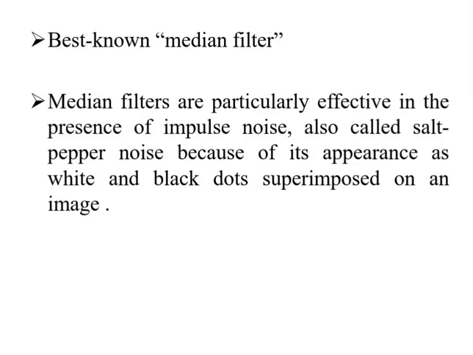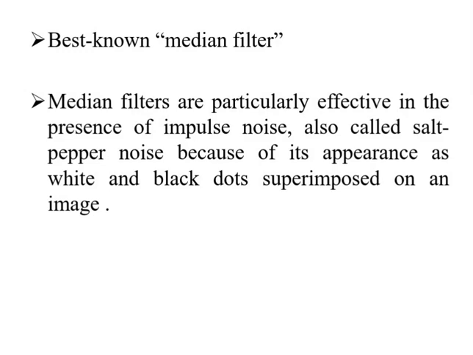The response of a 3 by 3 max filter is given by R equals max of {z_k | k = 1, 2, up to 9}. The 0th percentile filter is the minimum filter, used for the opposite purpose. Median, max, min, and several other nonlinear filters are considered in more detail in our next section.